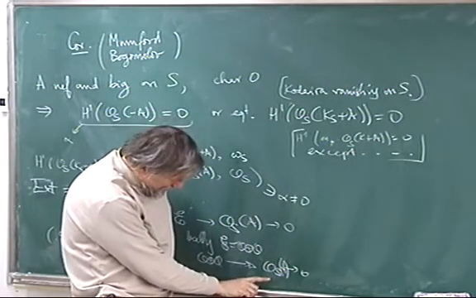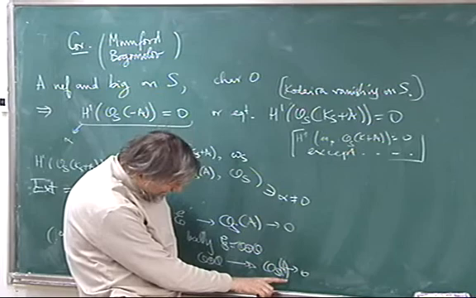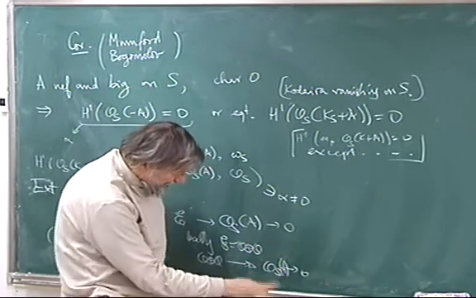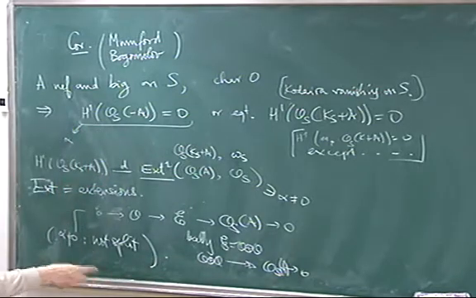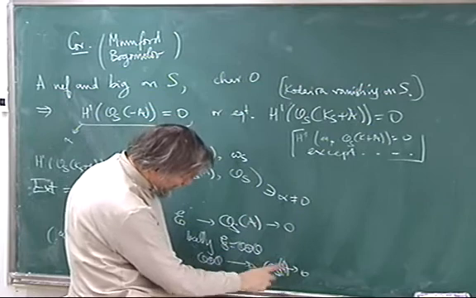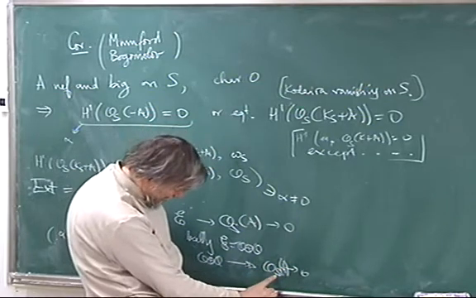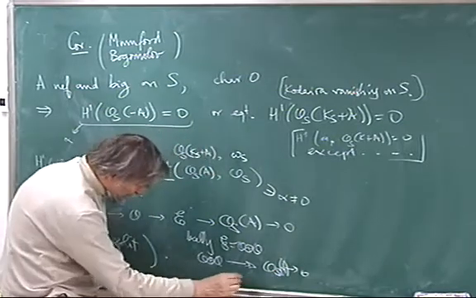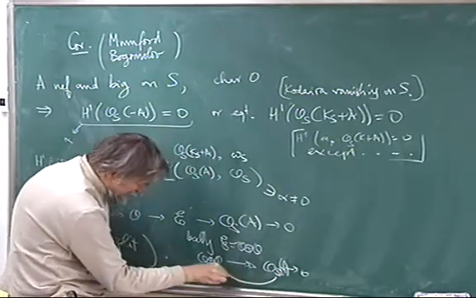Locally free has this meaning that on an open set I can find a local basis of this, isomorphic to OS of A. So what I want is that this is locally split.